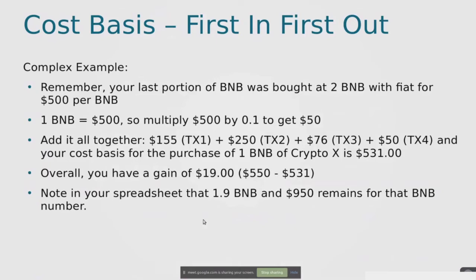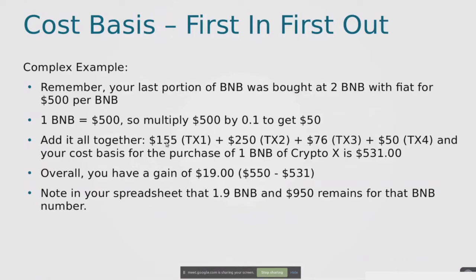So how do you get that 0.1 BNB covered? If you remember the last portion of that BNB, you got 2 BNB, right? You need to account for 0.1 of it. So if 1 BNB was 500, and 2 BNB is 1,000, right? You just multiply 500 by 0.1, and you get $50.